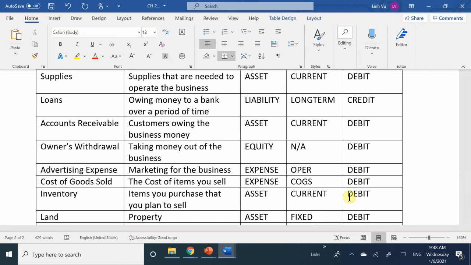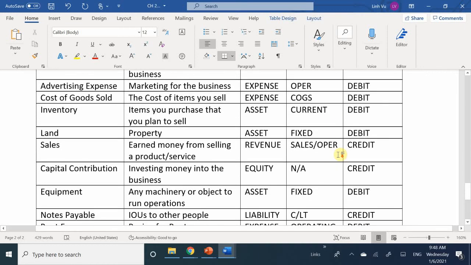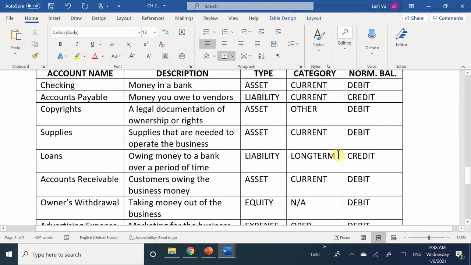But a good quick way to memorize this: most assets are pretty much anything that you can see, an item, or anything that you own. The majority of these accounts are typically assets.